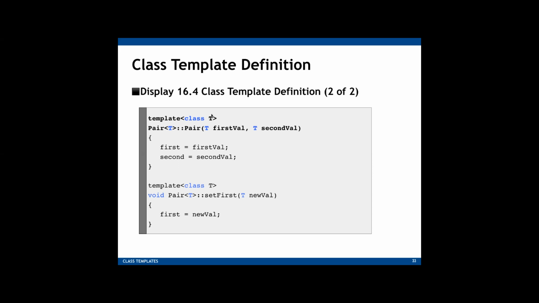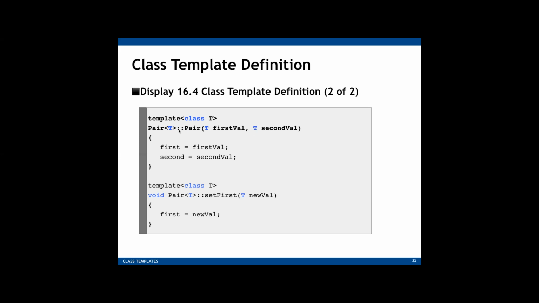So for example, the constructor starts with the template syntax, and for an ordinary constructor, you specify the class name with a scope resolution operator like this. But here we also use the scope resolution, but we specify the type parameter within angle brackets like this. And we also use the type parameter for the argument type as well.